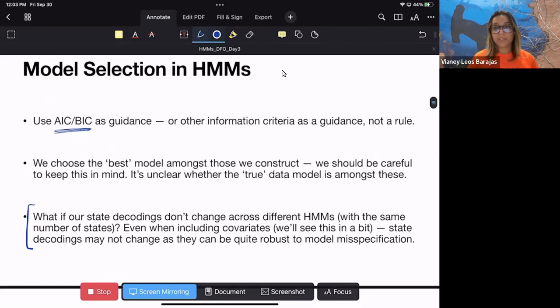And as I mentioned previously, if we don't have anything to validate the states with, so if we don't have behavioral labels, we can't use the states in any way to meaningfully do model checking for hidden Markov models. So when we build more complex models, we may actually have the same state decodings across models, but it's simply because this can be quite robust to model misspecification.